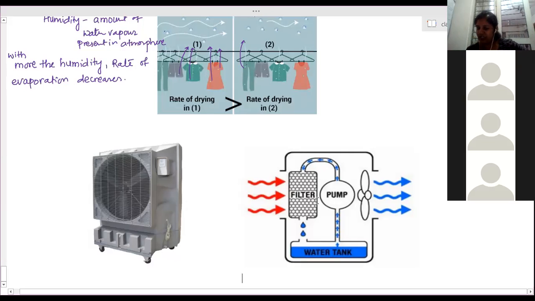Hot air is moving inside, and for the evaporation the water absorbs heat energy from the room. The water particles evaporate, and therefore the inside area becomes cooler, and that cold air is passed out with the help of the fan.